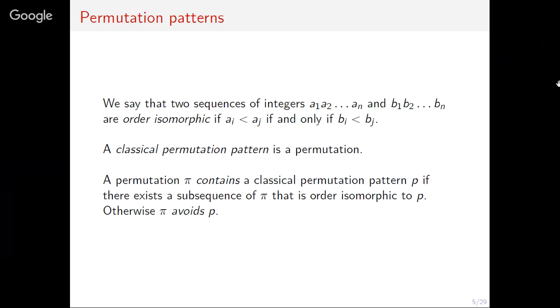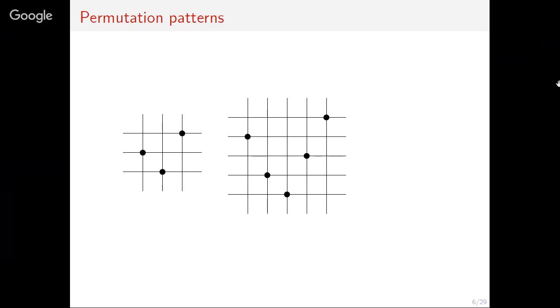Okay. And we say that a permutation contains a permutation pattern if that is the case. And otherwise, we say that the permutation avoids the pattern. So a permutation either contains the pattern or avoids the pattern. So for example, if we look at this in the graphical representation, we have the permutation pattern on the left and the permutation on the right.